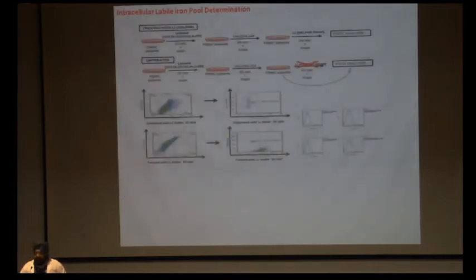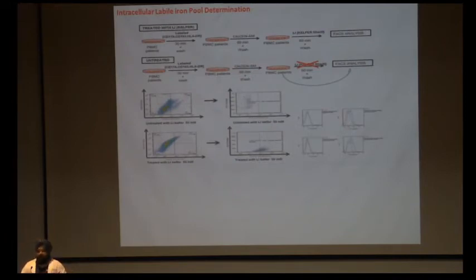So this is a very important analysis of our lab, where we can identify for you the intracellular labile iron pool. By the time you determine that the plasma iron content is high, the macrophage iron level itself determines the amount of inflammation that is driven by the iron in the macrophages.